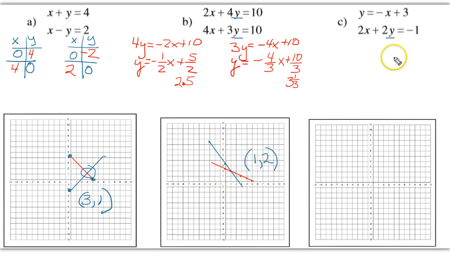Okay, so this one might be a little easier because it's a -1 slope with a 3 y-intercept here. So 1, 2, 3. And a -1 slope means it's going to go over 1, down 1, and it's going to come down here to 3. So let me put that line in carefully.